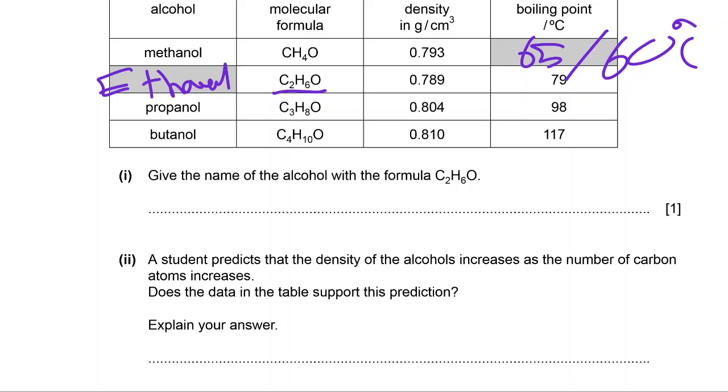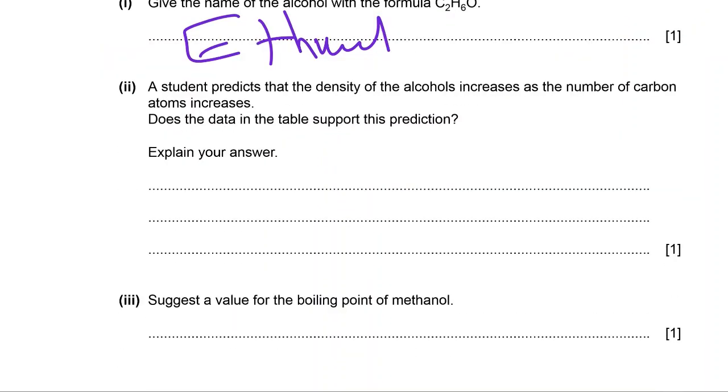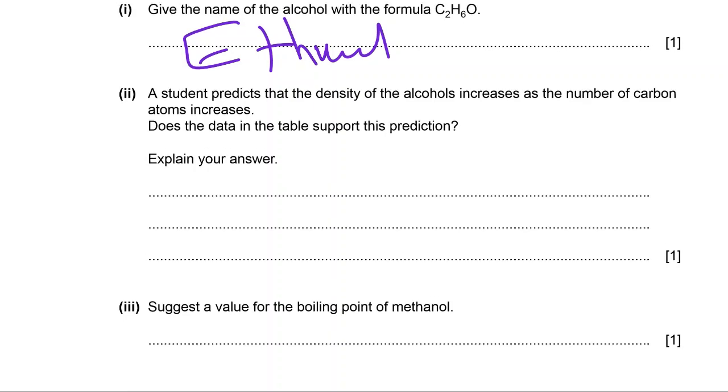Okay, and give the name of the alcohol with the formula C2H6O: we said it's ethanol. A student predicts that the density of the alcohols increases as the number of carbon atoms increases. Does the data in the table support this prediction?